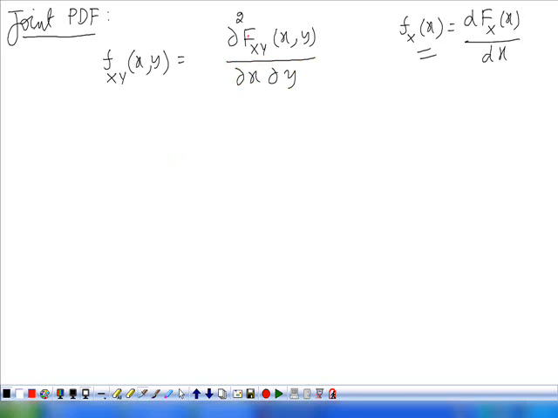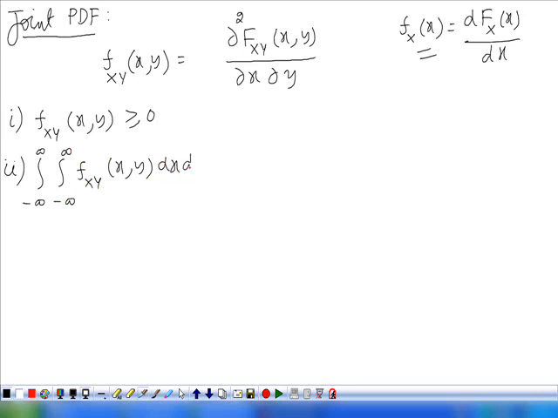So we already know that this fxy of x comma y is a non-negative number, it is positive. So definitely the derivative of it is also positive. So the first important property is fxy of x comma y is greater than or equivalent to 0, and then the integral from minus infinity to plus infinity, integral from minus infinity to plus infinity of fxy of x comma y dx dy must be equivalent to 1.